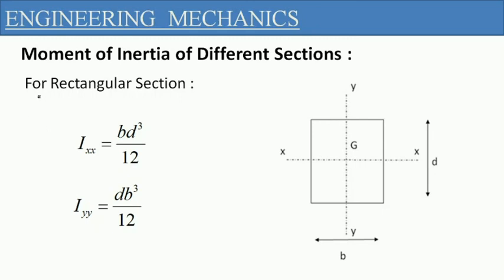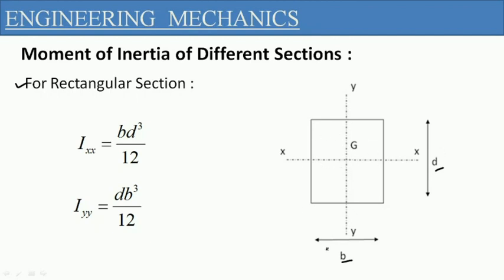So here I am going to discuss some formulas which define the moment of inertia of different sections. In this category, I am going to define the formula of moment of inertia of the rectangular section. So here we have a rectangle. There are two dimensions we are considering in a rectangle: one is the width and the other is the depth.